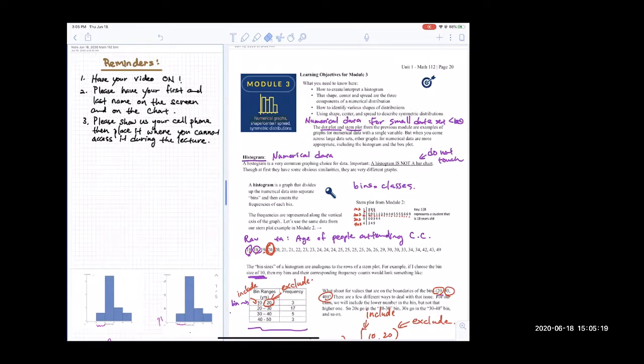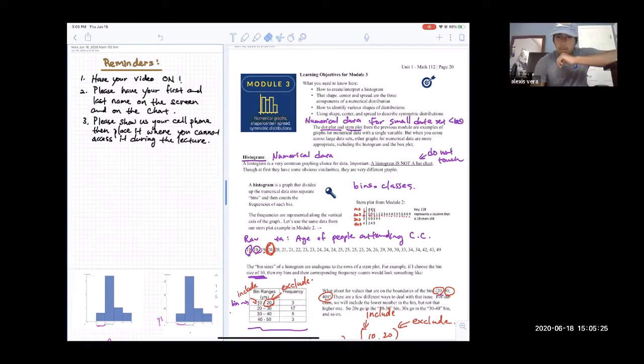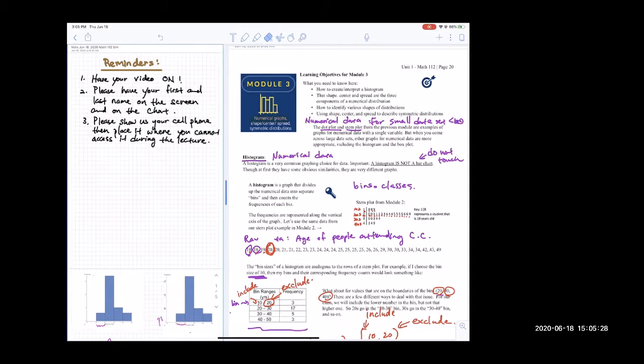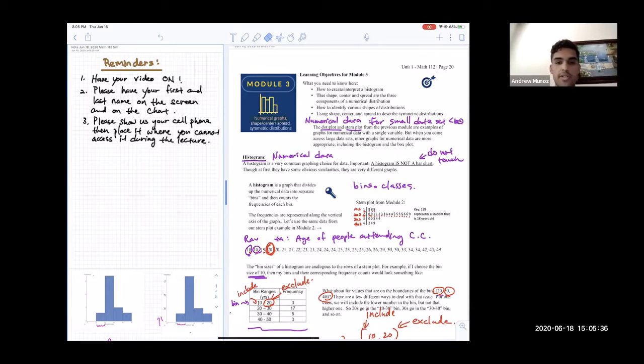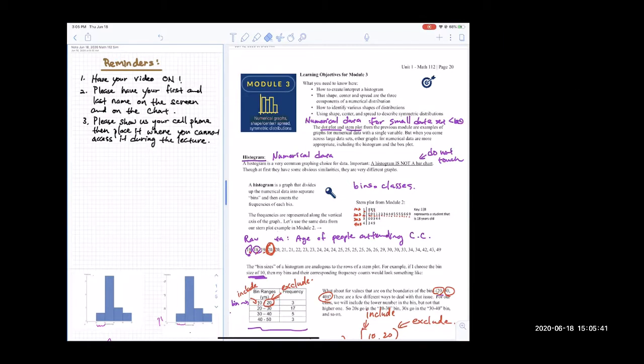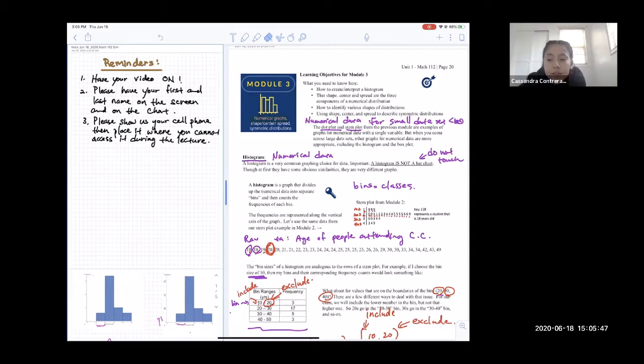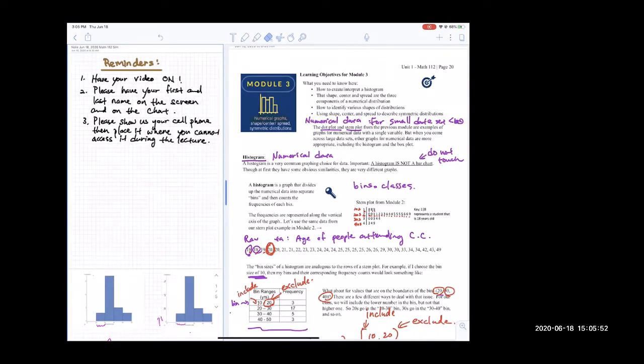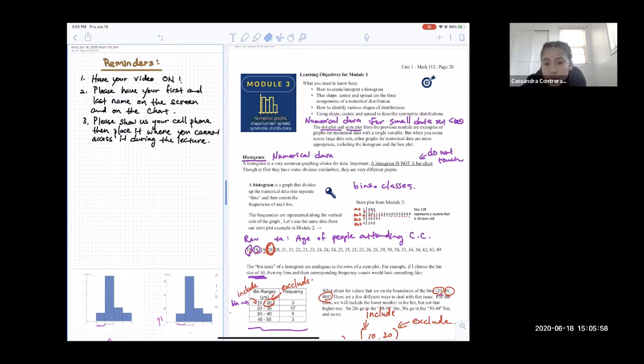Adrian, Patricia, Alexis, Sarah, have you guys gone through module number 3? I went over it this morning, but I didn't get to the last part. Okay. What about Andrew? Yeah, I went through the Quizlet. They told us to sign up for the Quizlet. I went through the flashcards. Nice. Flashcards. Cassandra, did you go through module number 3? Yeah, I went through the textbook and everything. Okay. So you guys have an idea of what we're going to be doing, yes? Yeah. Somewhat. Okay. Somewhat. Let's look at it.